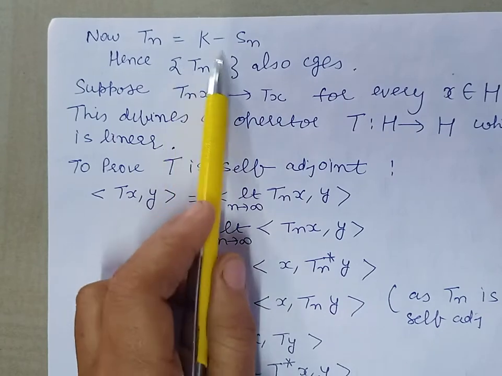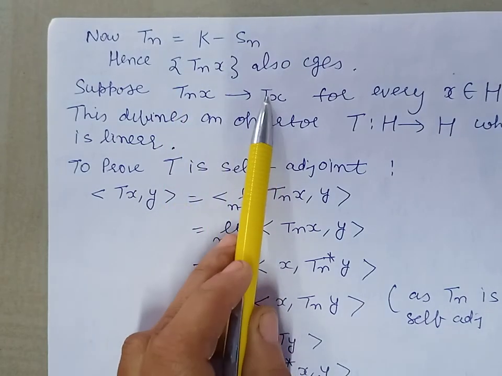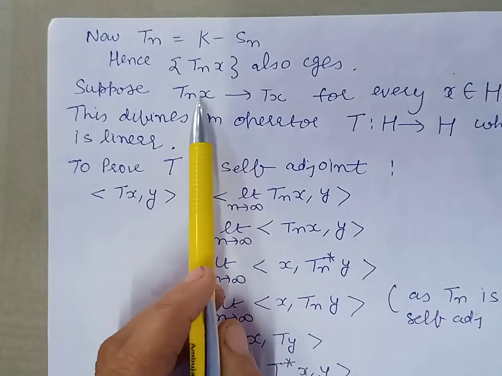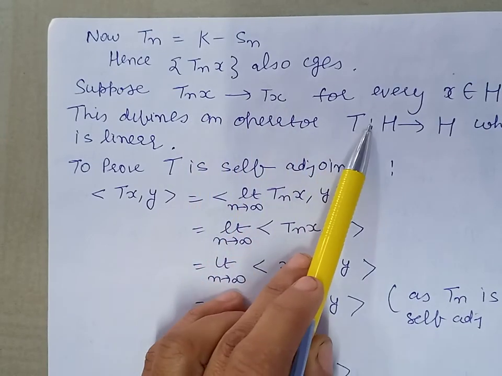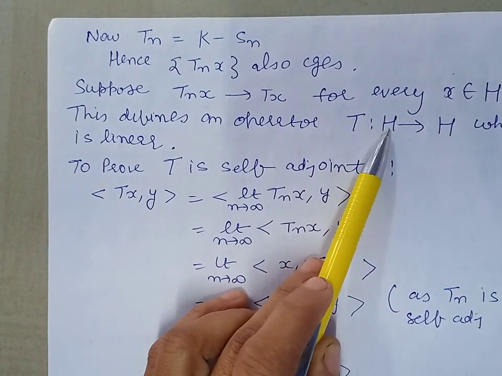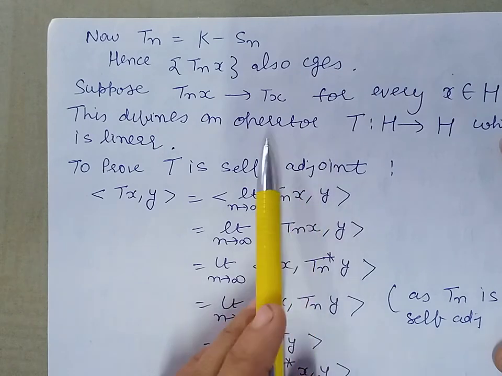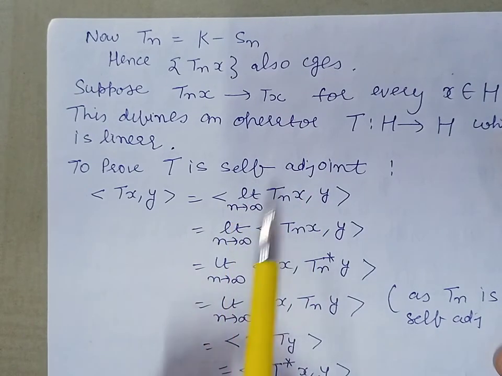So let us take this sequence converges to Tx for every x belonging to the Hilbert space H. So from here we can define an operator T from the Hilbert space H into itself, and this operator is a linear operator. Now we will prove that this operator is self-adjoint, bounded and less than or equal to k.